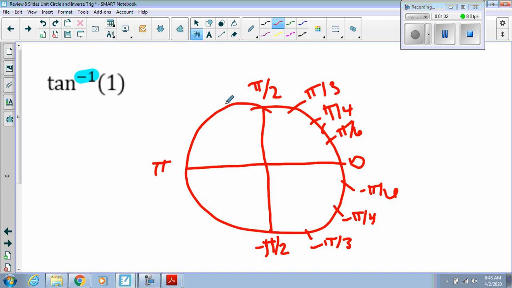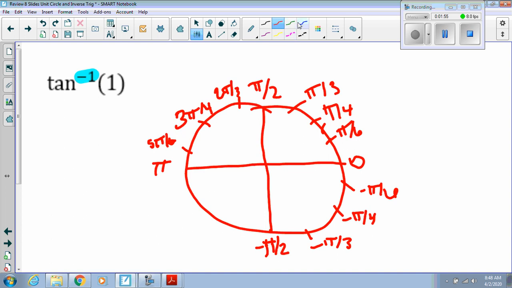And then we go into the second quadrant over here: 2pi/3, 3pi/4, and 5pi/6.